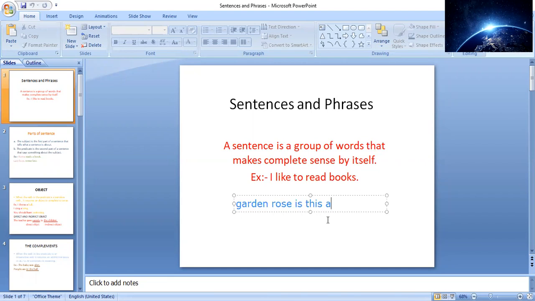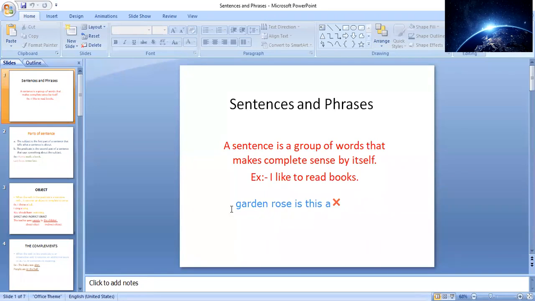Can anybody tell, is this a sentence? Can we understand anything from this? No. Is this giving any meaning? No. Is it giving us a complete sense? No, it is not. So, this is not a sentence.